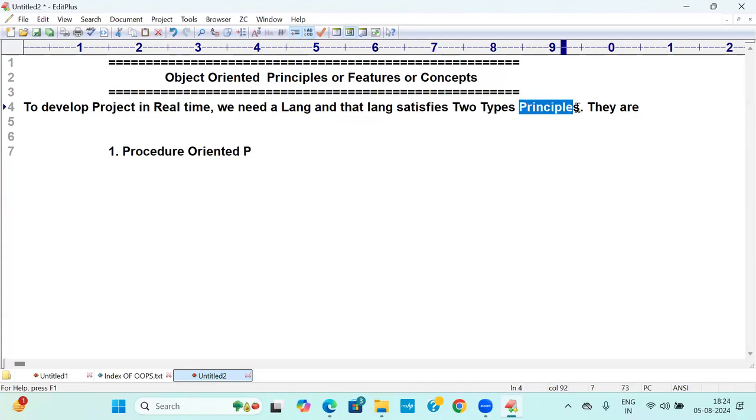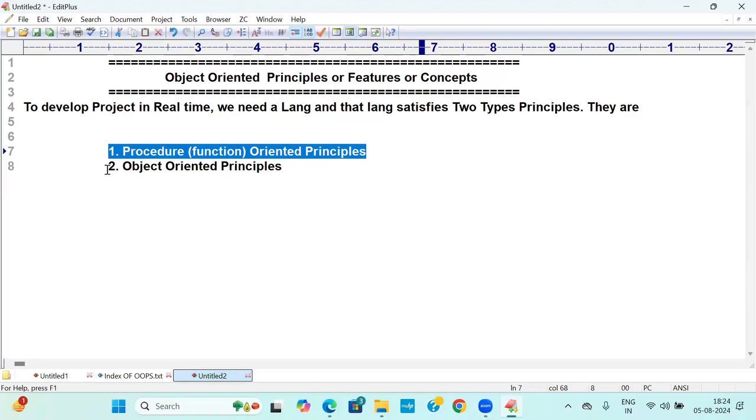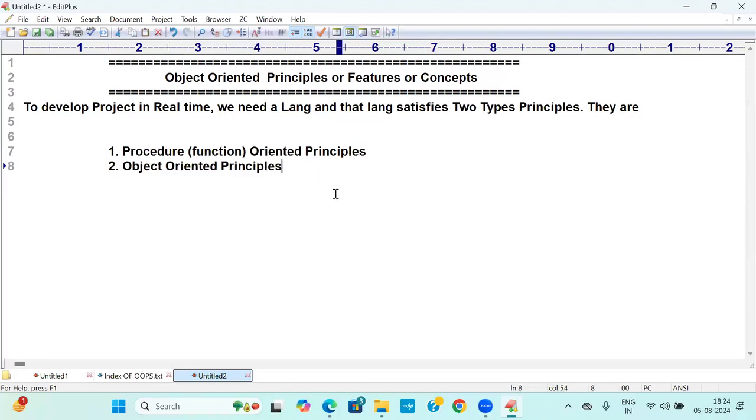And the second one is object-oriented principles. Procedure-oriented principles are also called function-oriented principles.